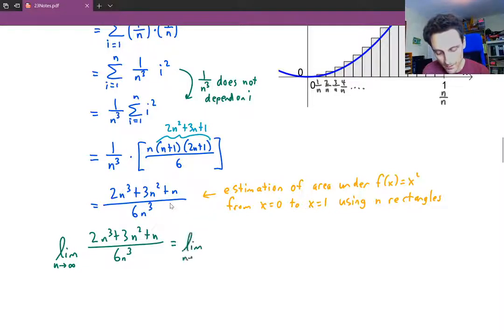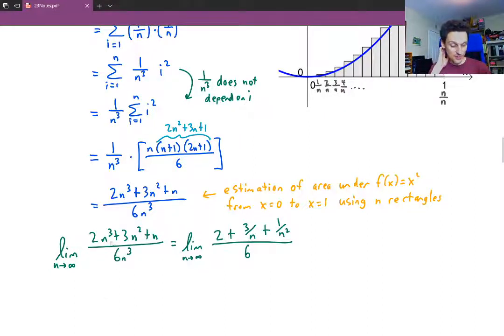Well, here you've got an infinity over infinity situation. The top numbers are going to infinity, the bottom numbers are going to infinity. We could use L'Hopital if we wanted to, but let's go ahead and use that one other trick that we learned about, where you take the top and the bottom and you divide by the leading term of the bottom. So you have something like 2 plus 3 over n plus 1 over n squared, all over 6.